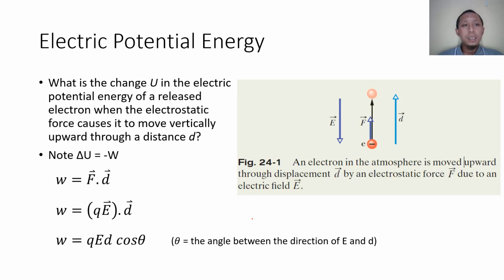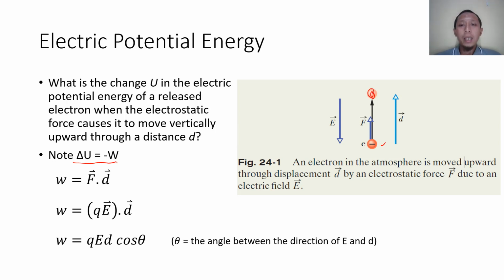So what is the change delta U in the electric potential energy of a released electron when the electrostatic force moves it vertically upward through the distance d? Like this one. Note that in the previous explanation, delta U is minus W. So W, we have the negative charge like this one, and then it moves vertically.